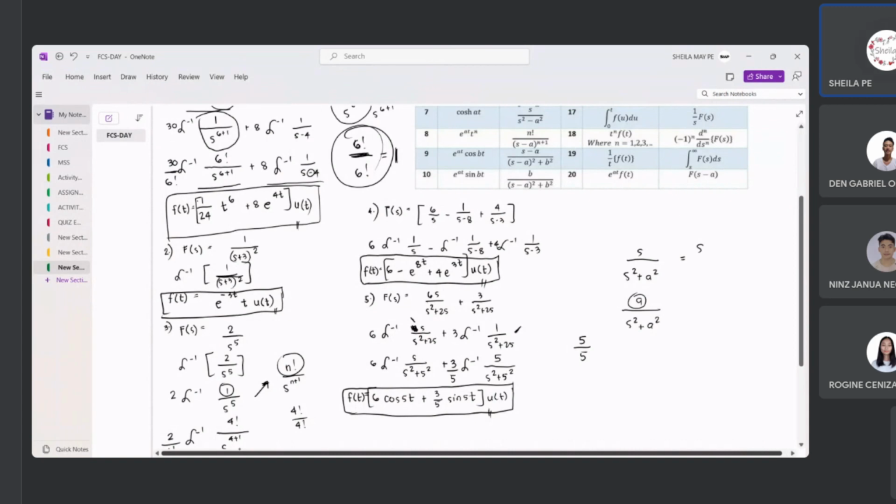Okay, so we have 5 examples for our inverse Laplace. So now we will proceed with the inverse Laplace with partial fraction decomposition.